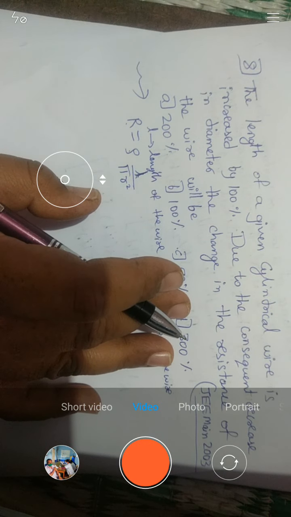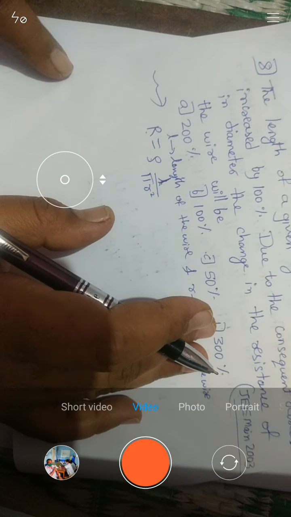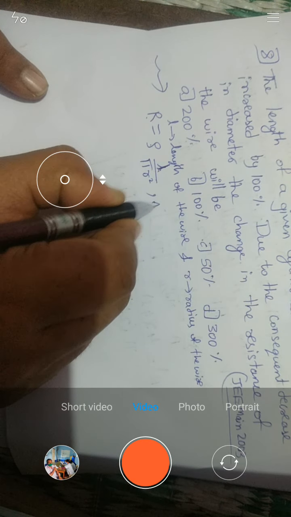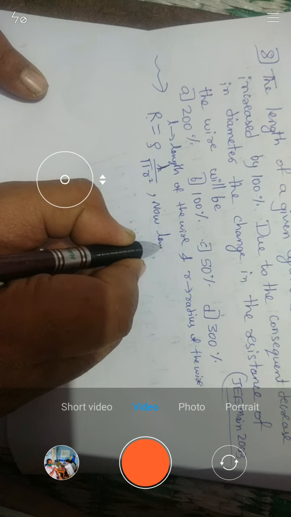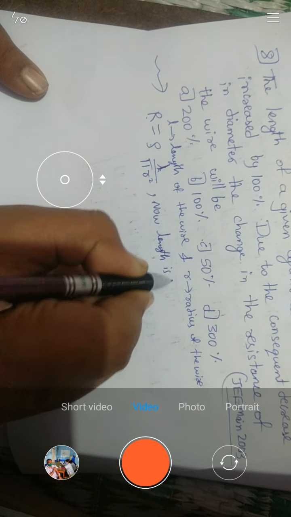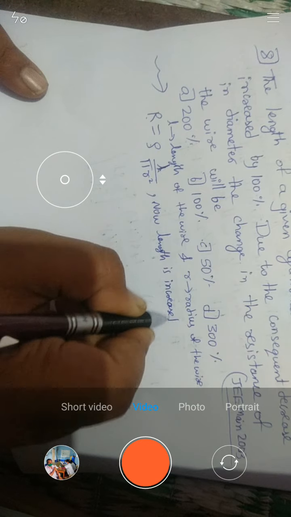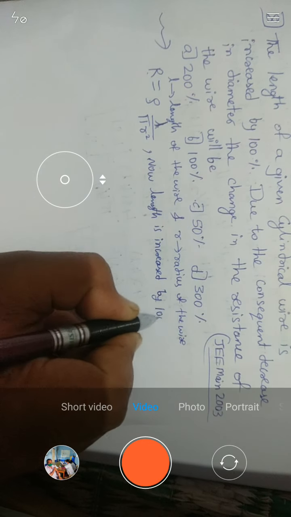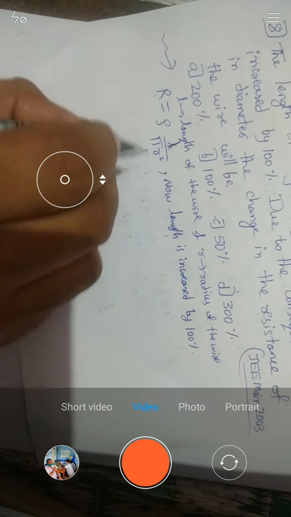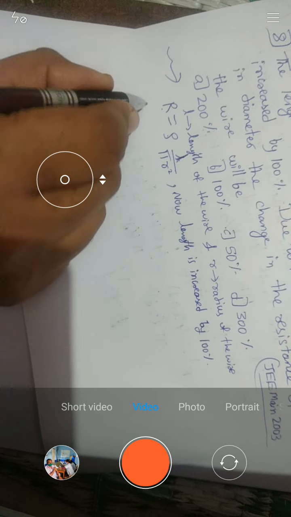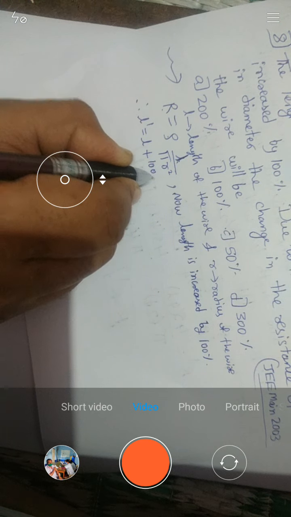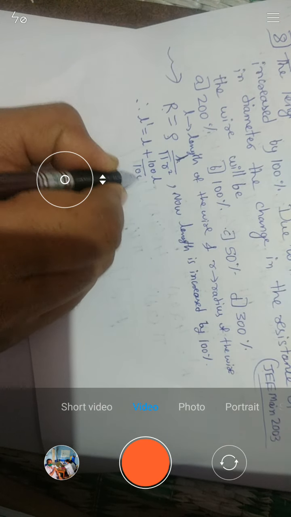Now the length is increased by 100%. Therefore L dash is equal to L plus 100 L divided by 100.